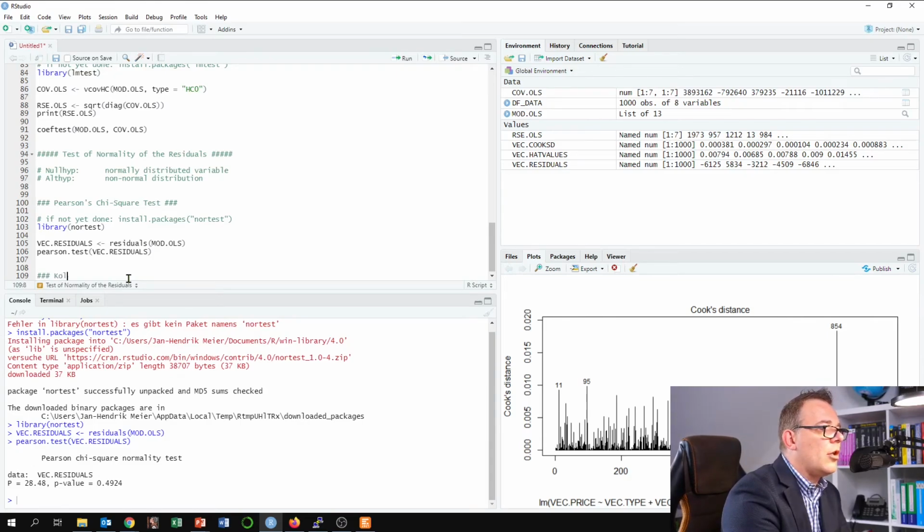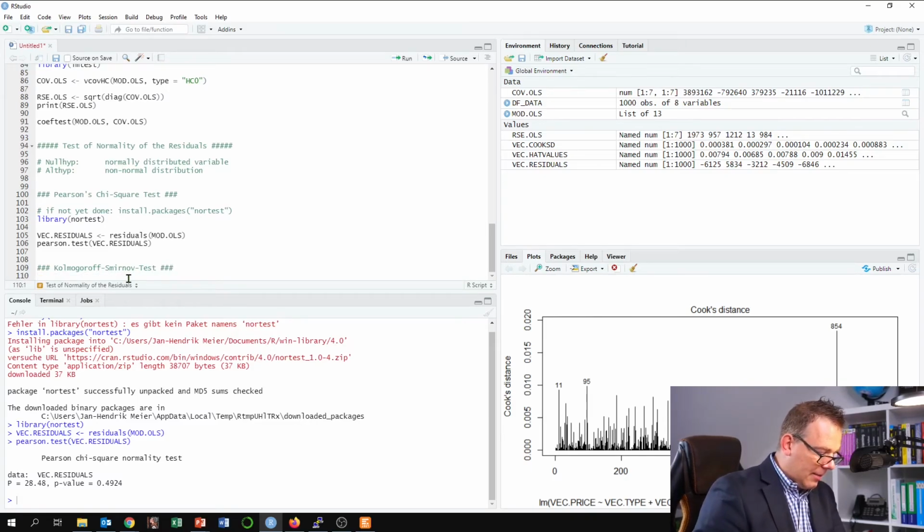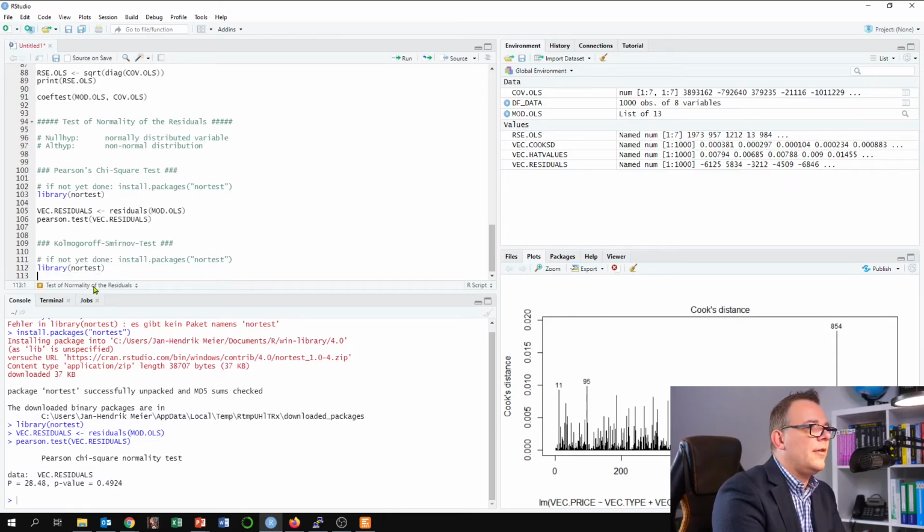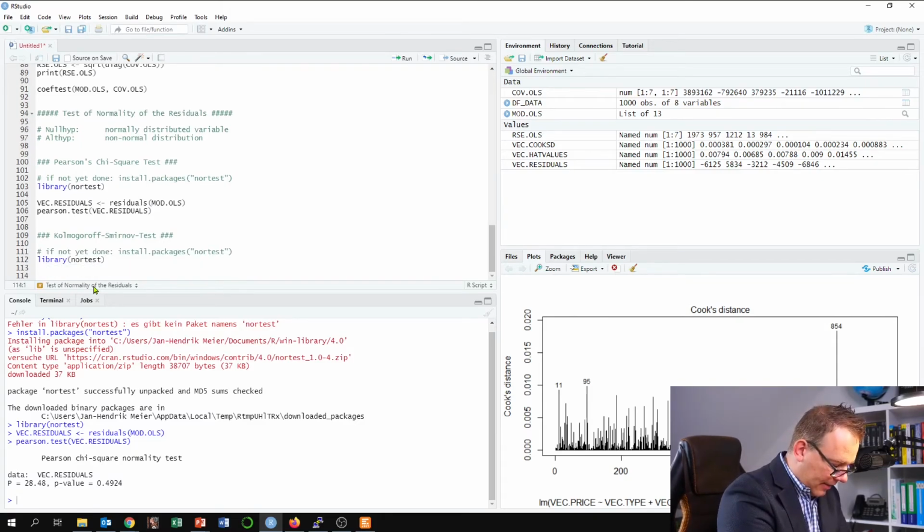That is the Kolmogorov-Smirnov test. And the Kolmogorov-Smirnov test is also in the NOR test package. So I just copy this part here. And I can test now using ks.test for Kolmogorov-Smirnov test.